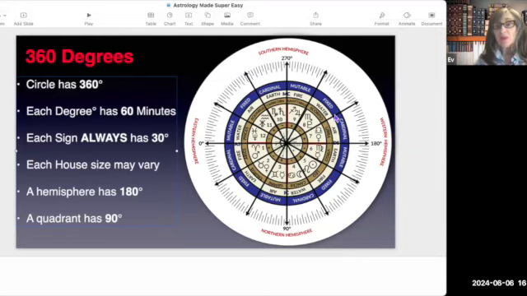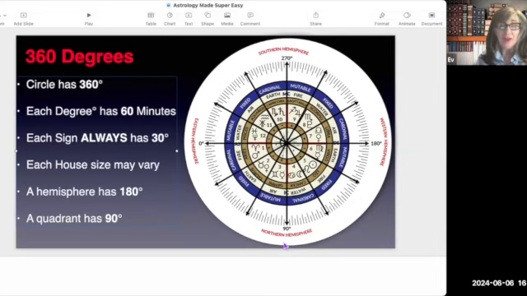But in the natural wheel, this is daytime and this is nighttime. This is sunrise. If this is sunrise, this is sunset. If this is noon, this opposite down here, which is the IC, is midnight.